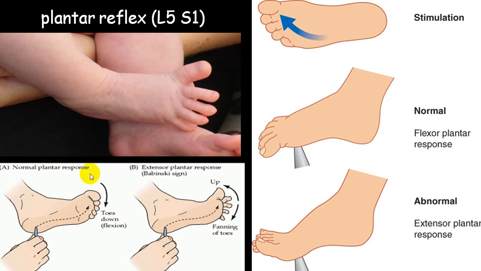I'm going back, I'm showing you all those things. You can see here, this is a normal response, meaning there is adduction, plantar flexion of great toe, plantar flexion of the foot with withdrawal and tensor fasciae latae. While if you get abduction of all toes, extension of toes, extension of the great toe, plantar extension of the foot and absence of contraction of tensor fasciae latae with withdrawal, it will be plantar extensor, or Babinski sign.